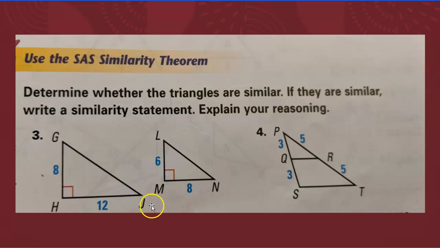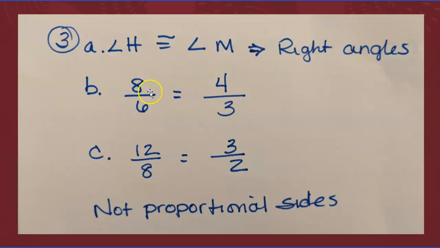My longer sides, which happen to be 8 and 12. So now I'm going to put those in. And I happen to put the bigger one on top, 8 over 6, 12 over 8. And I ended up getting 4 over 3 and 3 over 2. So those first ones are not proportional. The sides are not proportional. So these are not similar.